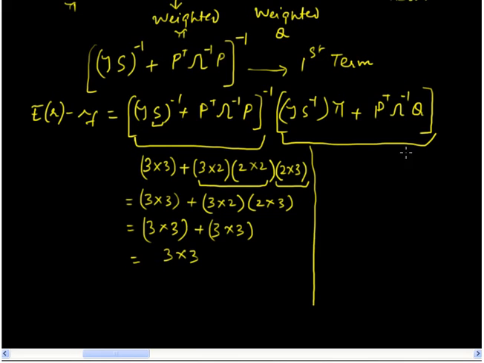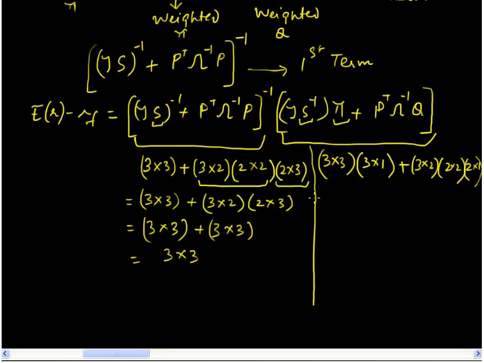What is the second term going to give us? Well, S inverse, a 3 by 3 matrix, multiplied by pi, which is, with 3 assets, a 3 by 1 vector, plus P transpose, which is 3 by 2, times omega inverse, 2 by 2, times the Q vector, which is our views vector, 2 by 1. Well, I don't have any space left to close this bracket.